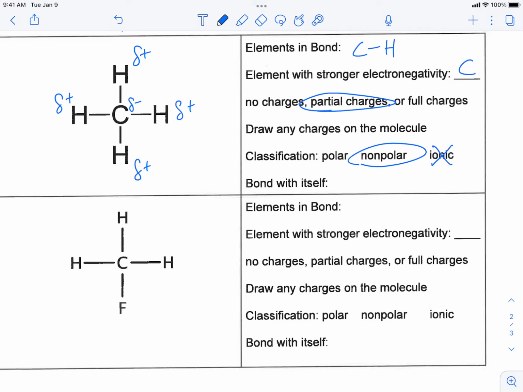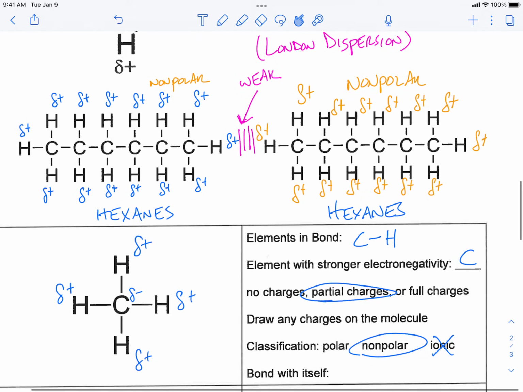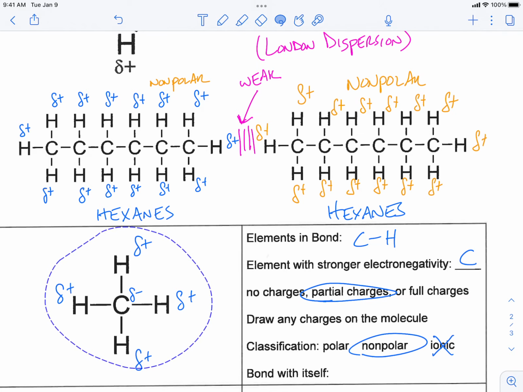Okay. If we had another one of these molecules that wanted to bond next to it, then you would have positives next to positives. And that would just be like what we had with hexane. Basically this compound that we just looked at is a mini version of hexane. It's carbons with hydrogens all around.